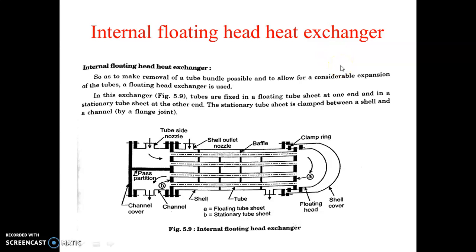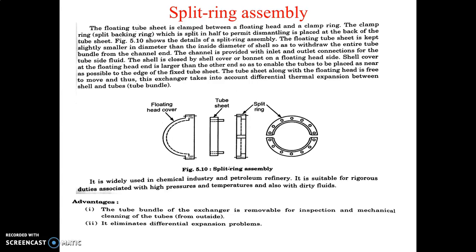Okay. And where are this type of heat exchangers used? It is widely used in the petrochemical or chemical industry or petroleum refinery. It is also suitable for duties involving high pressure and temperature with dirty fluids.